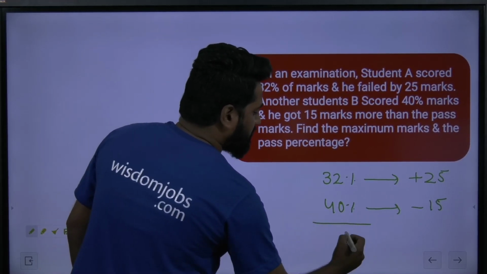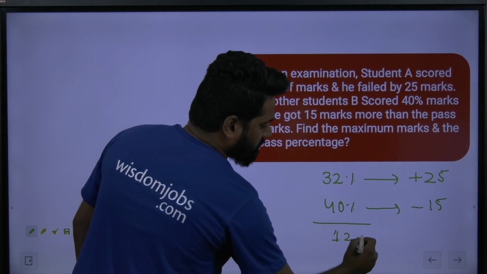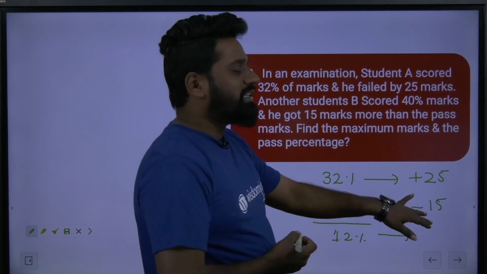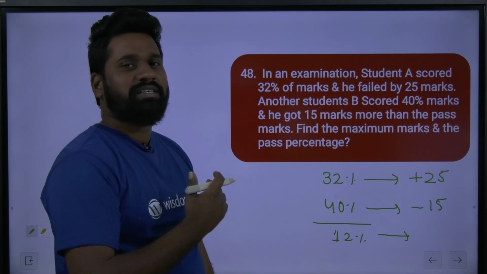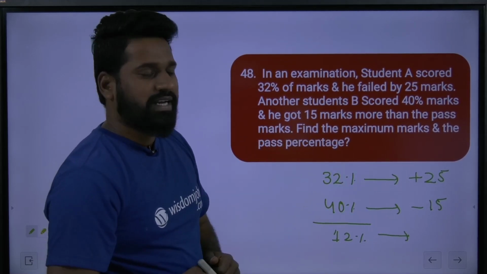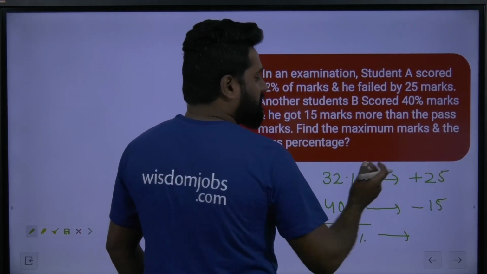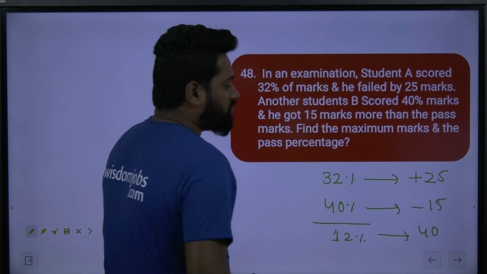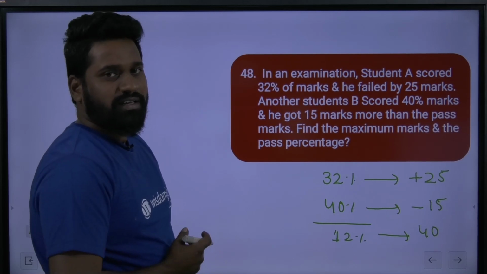So what is the difference here? 12%. And here one is plus, another one is minus. Just now discussed, one is plus, another minus, means we can add those two directly. So 25 plus 15, how much is it? 40. So 12% indicates 40.